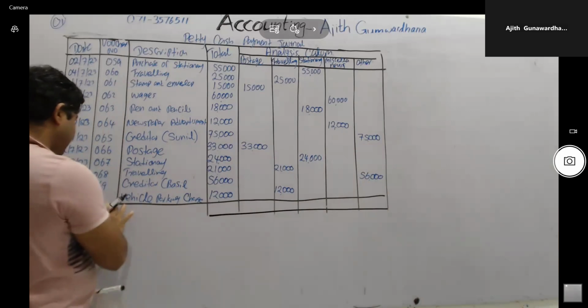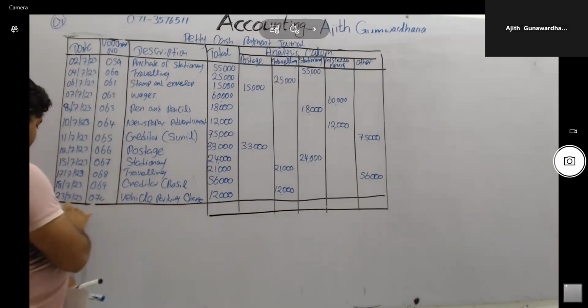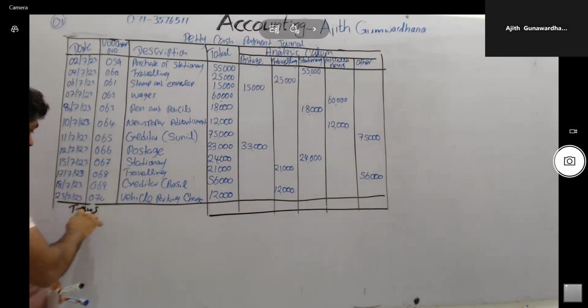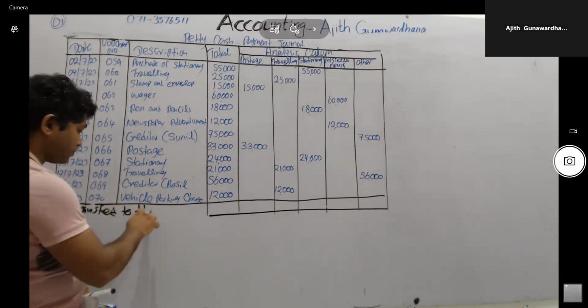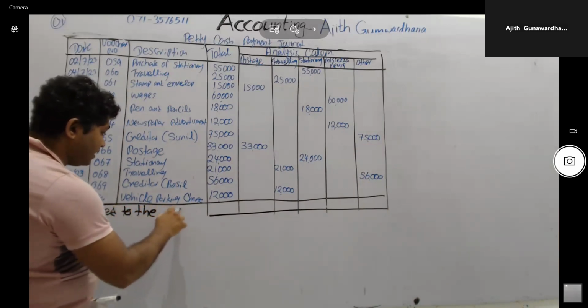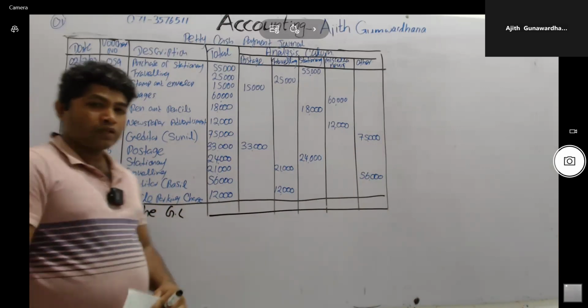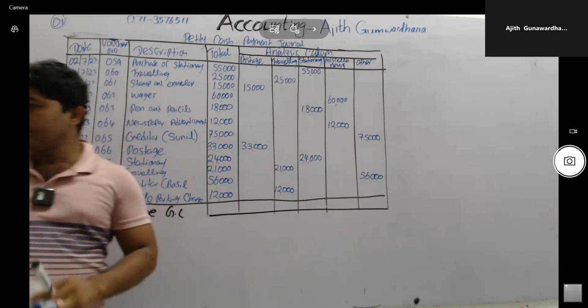Here should be written as a transfer to the general ledger.